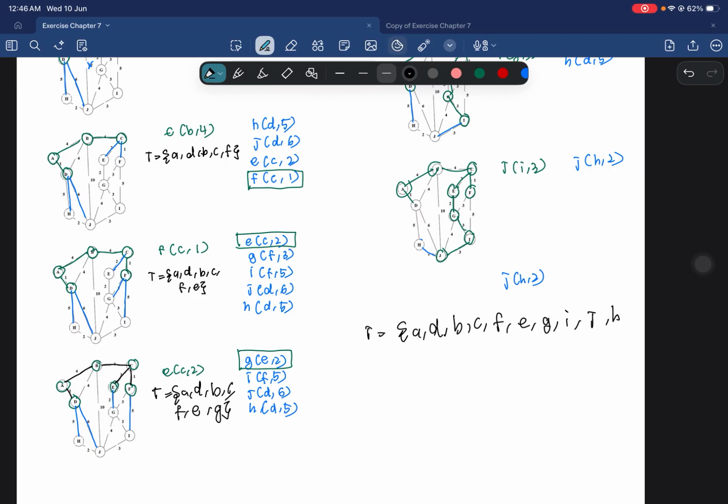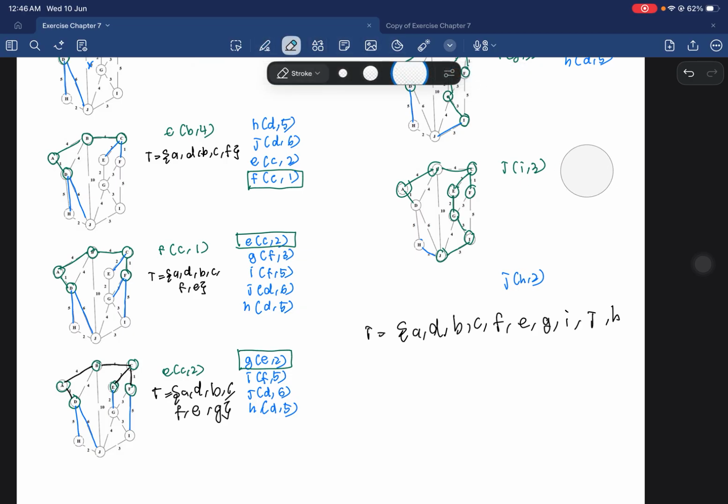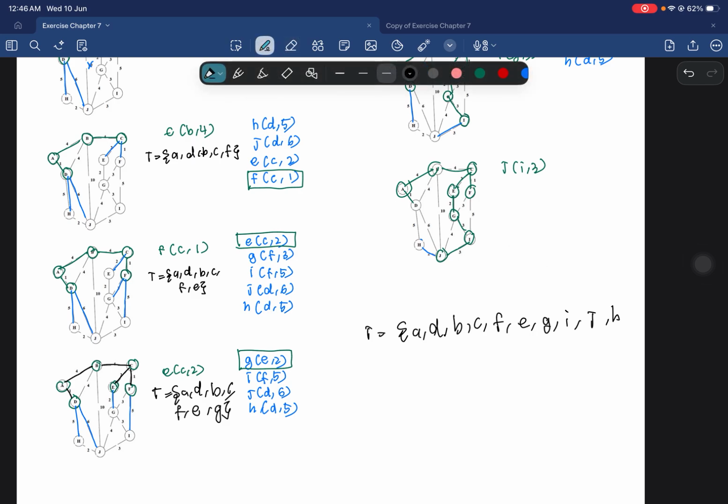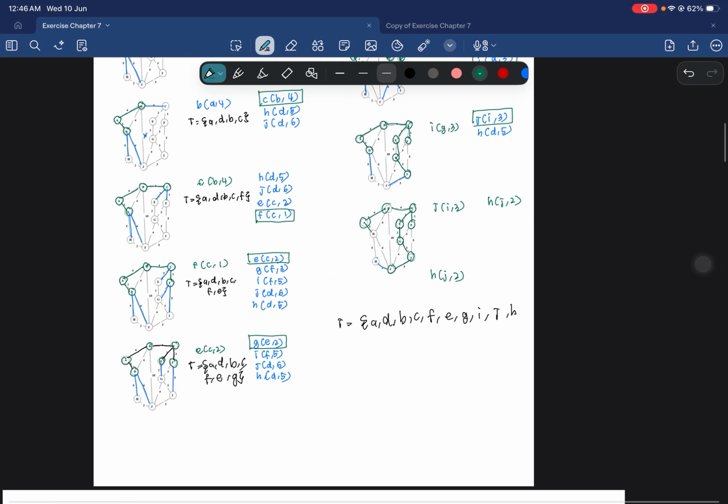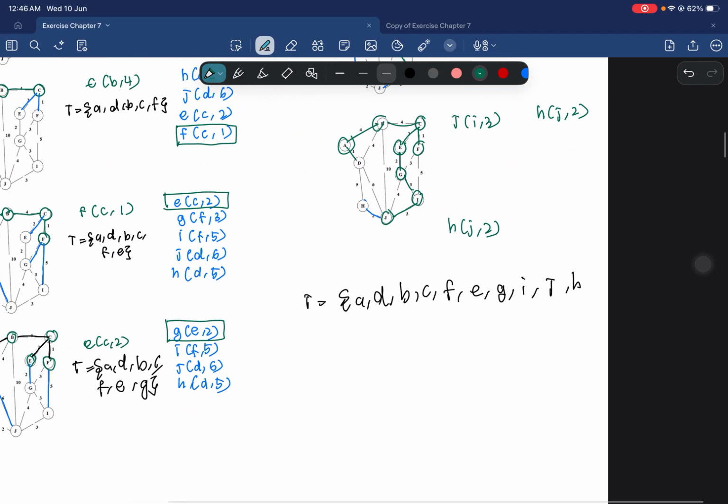I was wrong here. I'm sorry. It should be H through J by 2. So our tree will be like this.